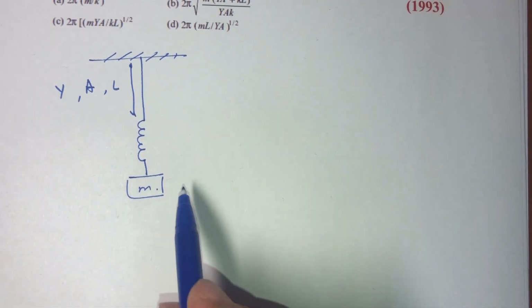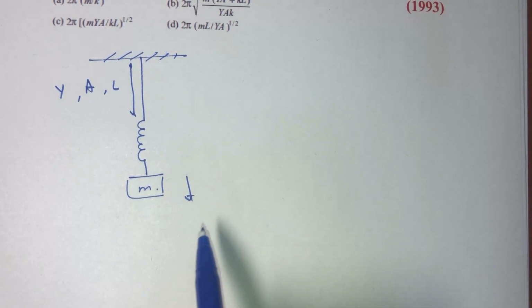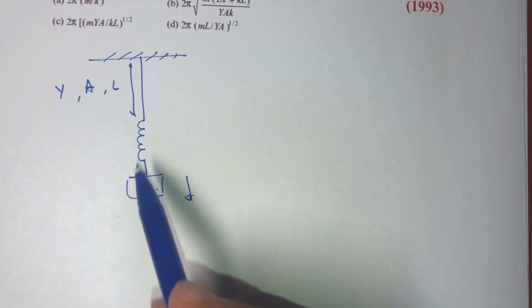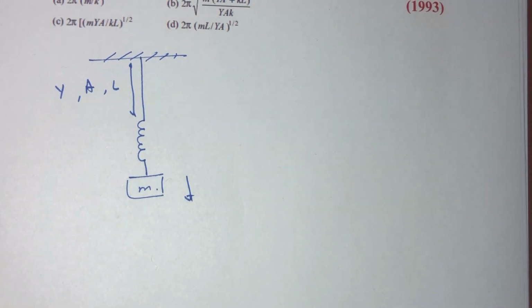And it says that if this mass M is pulled down slightly, then it will be oscillating, and we have to find out the time period of that oscillation.